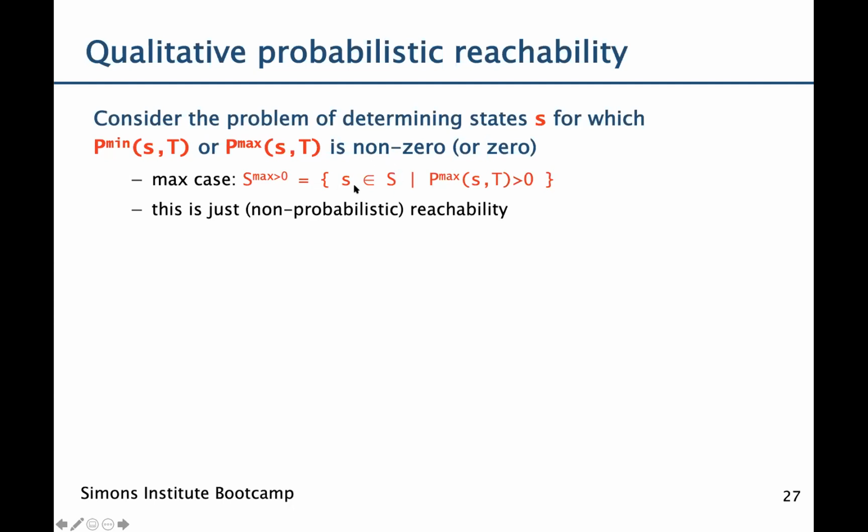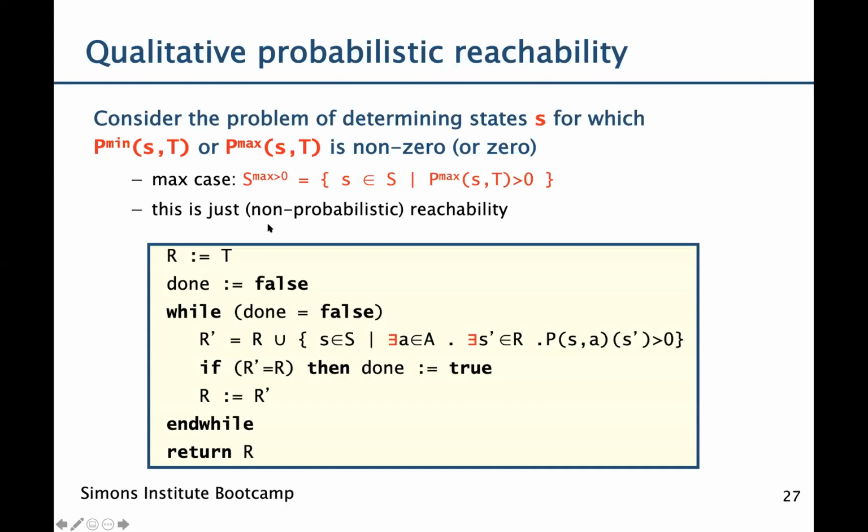For the max case, this is the set of states for which the maximum probability is greater than 0. So this just corresponds to non-probabilistic reachability. We start from our target set, and while we find new states, we update our set of states.